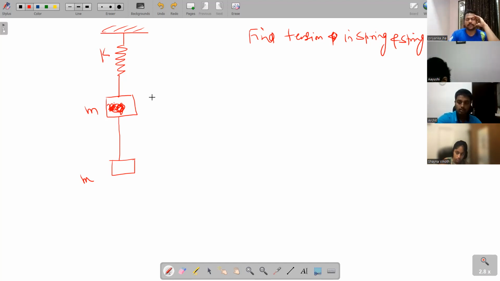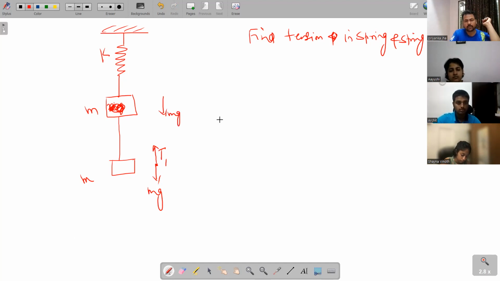Let me now solve. I'll draw the FBD. The string will have some tension, suppose T1 here. If you draw the free body diagram of this body, you can see that gravity will act downward, and this string is also connected to this.